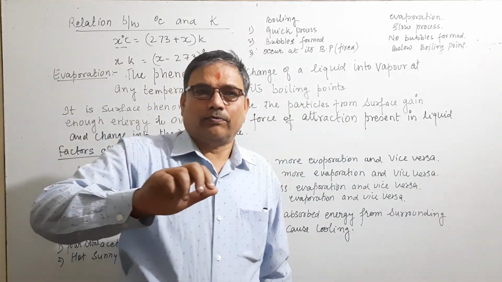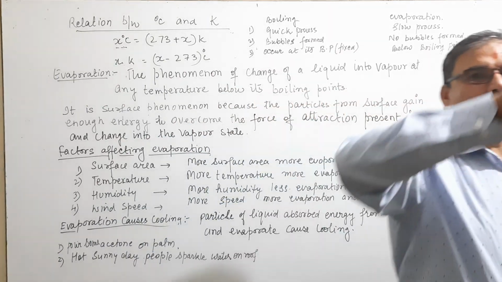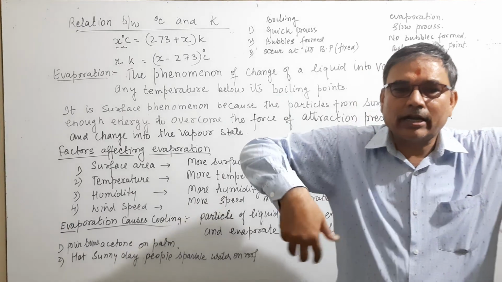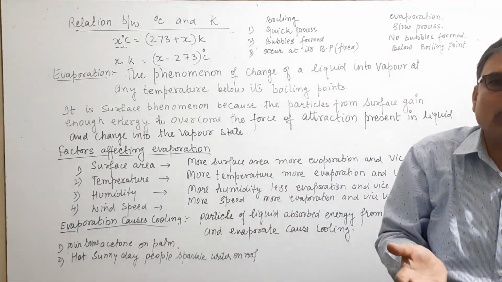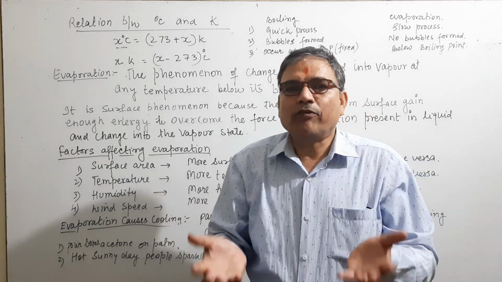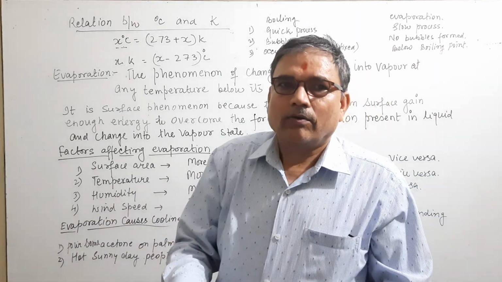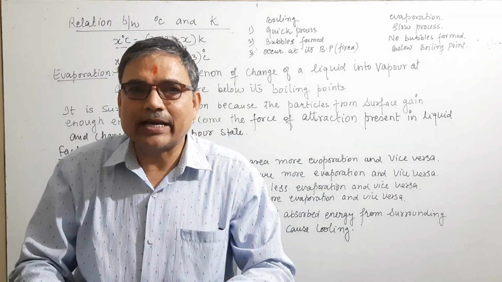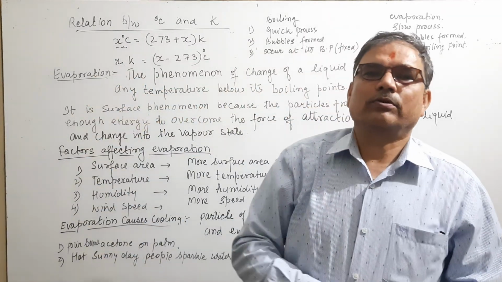If the presence of water in the atmosphere is more, then the evaporation will be less, because the atmosphere is already holding a lot of water and can't hold more. Therefore, the rate of evaporation in more humidity will be less. If humidity is less, then the evaporation will be more.